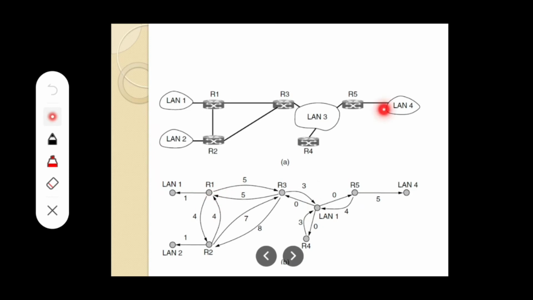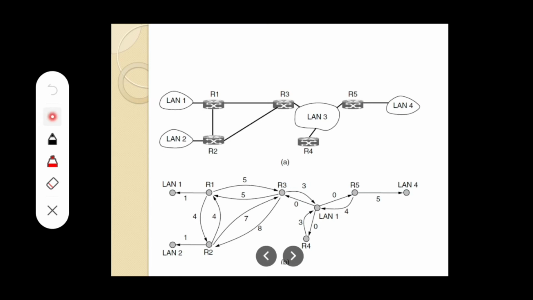Here this is the original network, the autonomous system, and this is the graphical representation. Here we are having LAN routers. This is a LAN router. Between each LAN and router, between each node, we are having a cost that the administrator has assigned.